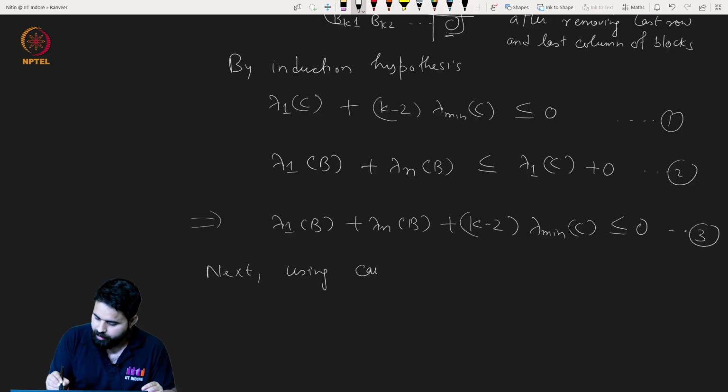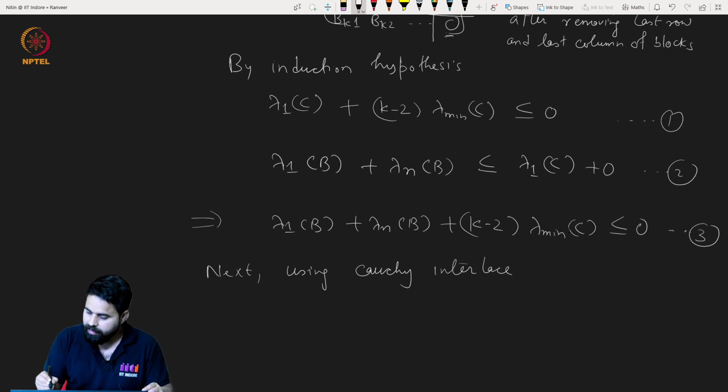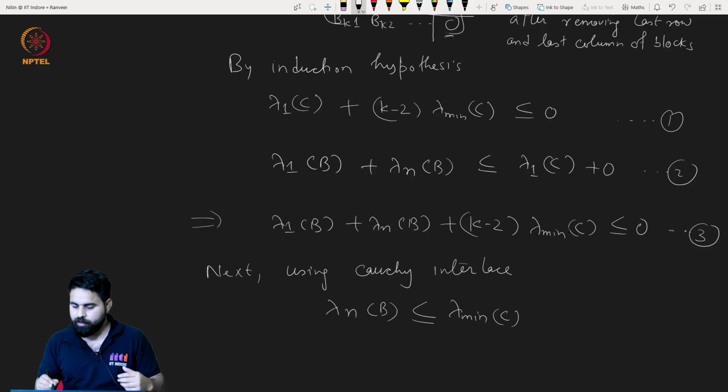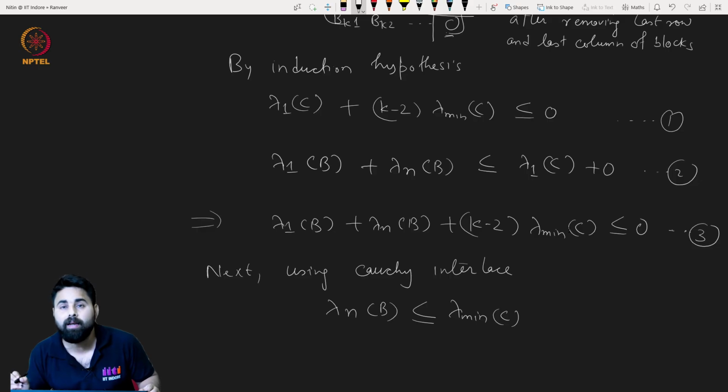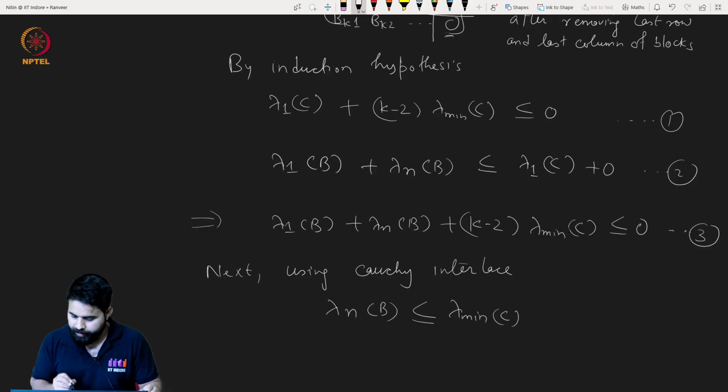So using Cauchy interlace, lambda minimum of C is always greater or equal to lambda n of B. This is from Cauchy, because C is a principal submatrix of B. Okay, very good.